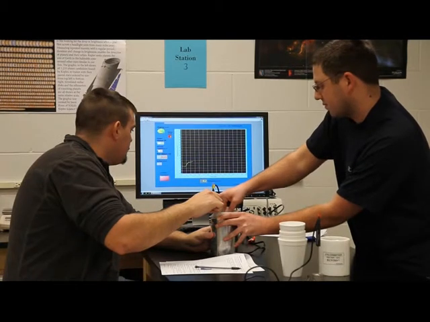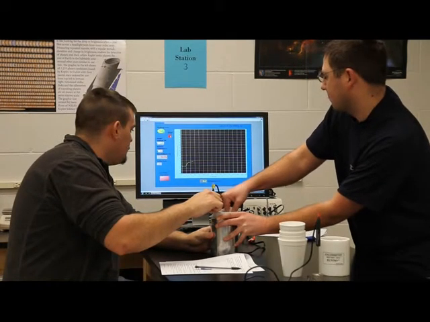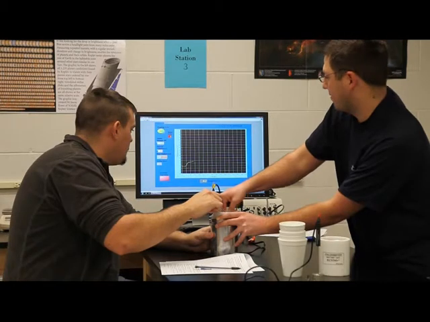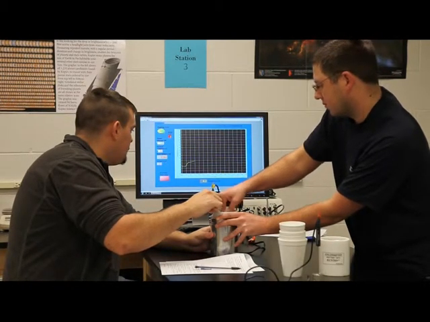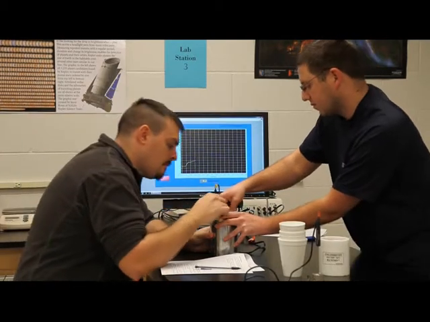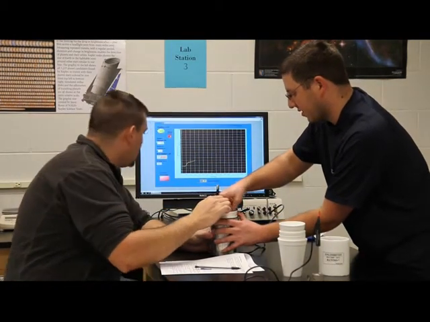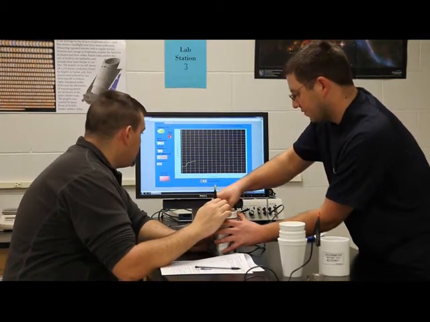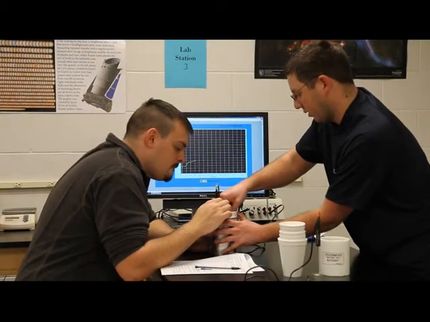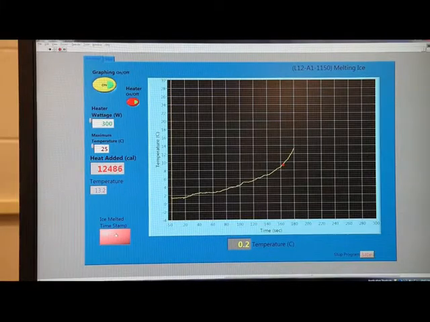With LabView doing most of the monitoring, the students just have to continue stirring and they can continue to monitor the graph in real time. In this particular experiment, they notice then the rapid rise in the temperature of the water after the ice has melted. Here the student will see how the phase change of the ice has affected the temperature of the water.